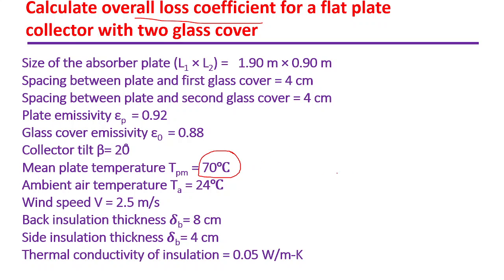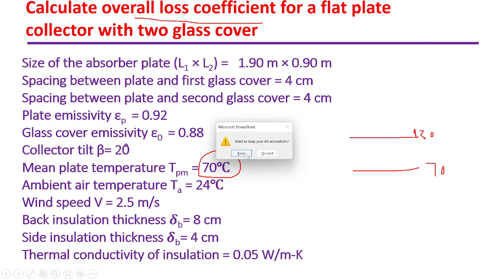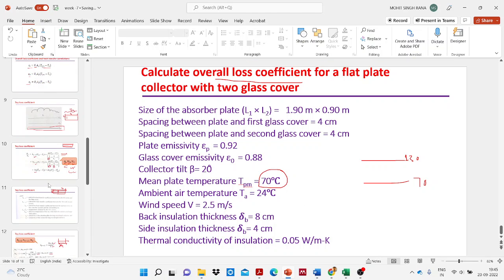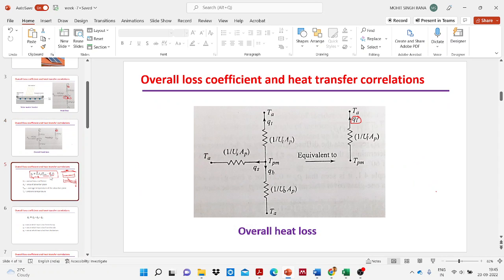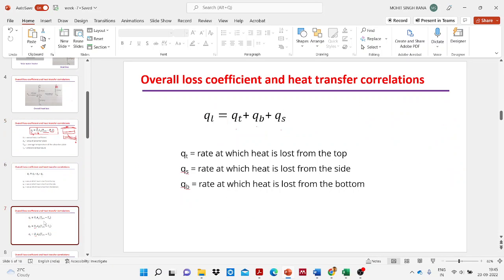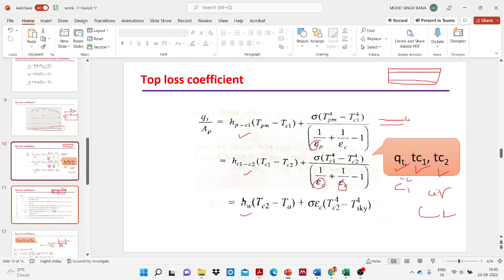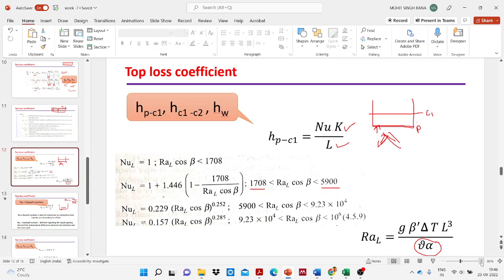If the absorber plate is at 70 degrees centigrade, we have to see how much temperature we are going to reach. Suppose the temperature close to the glass cover is 30 degrees centigrade. Based on that we calculate the values for 30 and 70, then calculate the mean temperature. For example, I suggest you take the temperatures C1 and C2 as follows.